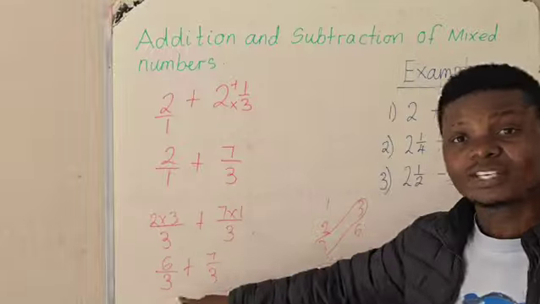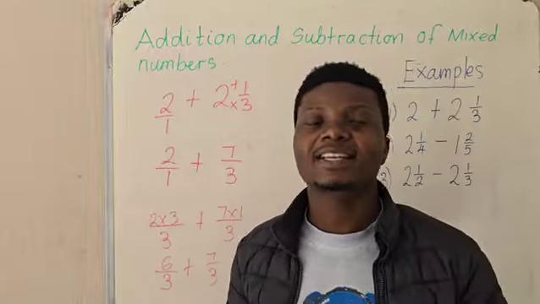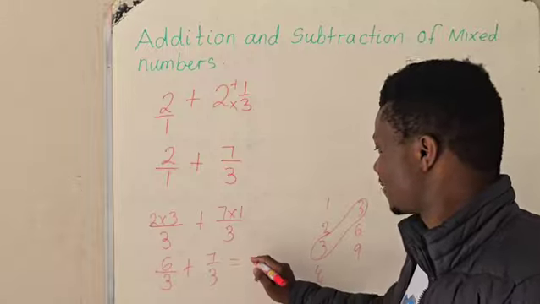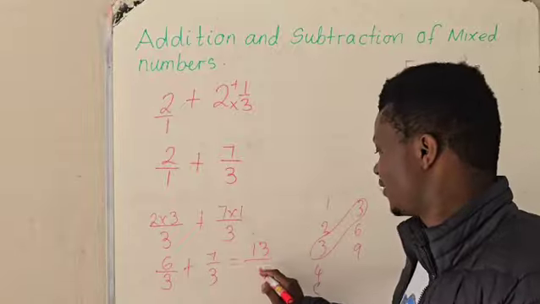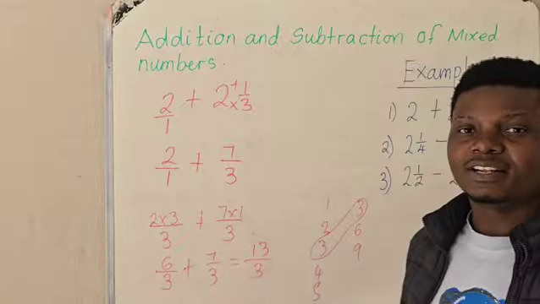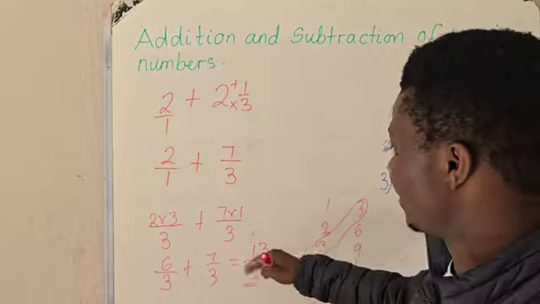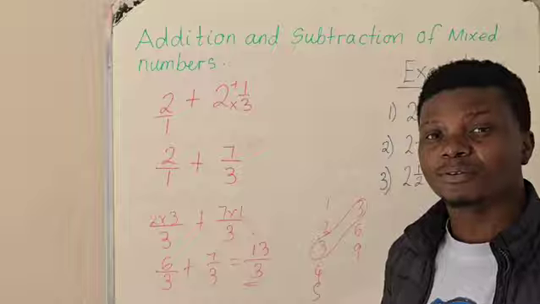And now that our denominators are the same, we just add the numerators only, which is 6 plus 7 is 13 all over your denominator 3. So you could leave this as your final answer. In this case, I'll just leave my final answer as an improper fraction.